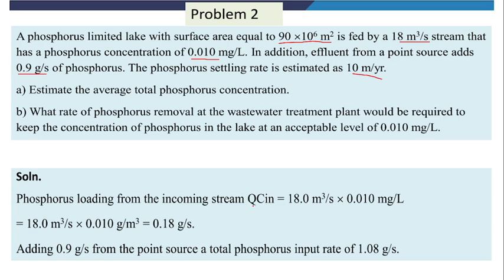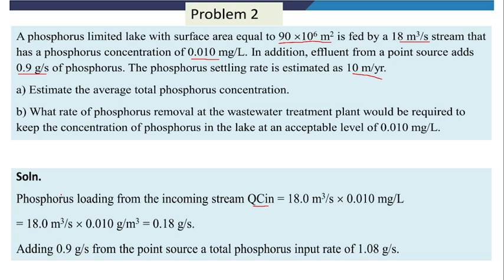So now we are going to find the QC in, where Q is the flow rate and C in is the input concentration. The inlet flow rate is given as 18 meter cube per second, and the inlet stream has a concentration of 0.01. So we multiply Q into C, and the answer is 0.18 gram per second.